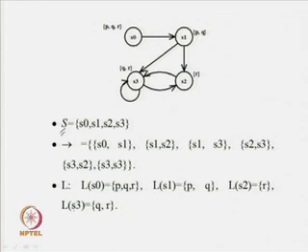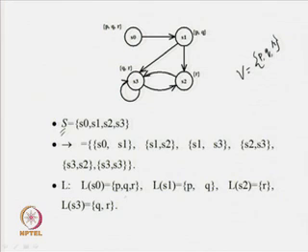You can see that we have labels over here, that means we have a set of atomic propositions, and the atomic propositions here are P, Q and R. S0 is labeled with P, Q, R, which says that all of P, Q, R are true here.